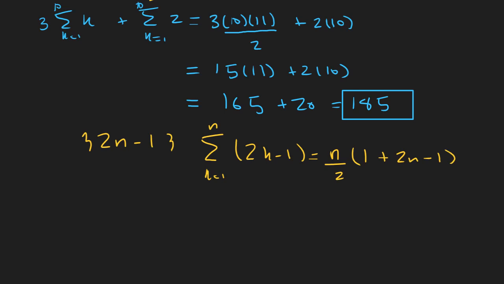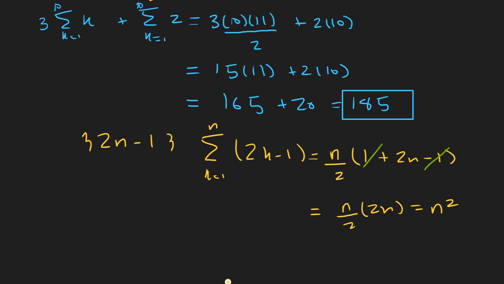Notice that the 2n is added to 1 minus 1, and that cancels out. So you end up with n over 2 multiplied by 2n, and that gives you n squared.